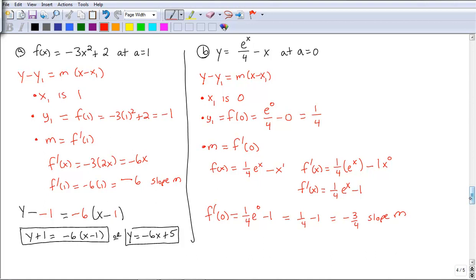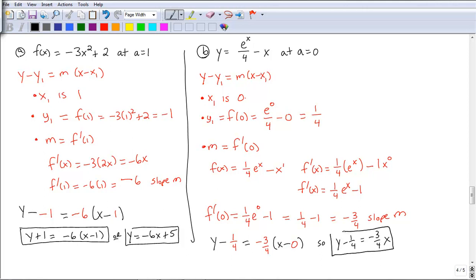So now I can write the equation of the tangent line. y minus my y1 value, which is what I got when I plugged 0 into the original function, 1/4, equals m, my slope, -3/4, times x minus x1. Well, the x value I started with was 0. So I get y minus 1/4 equals -3/4 x.